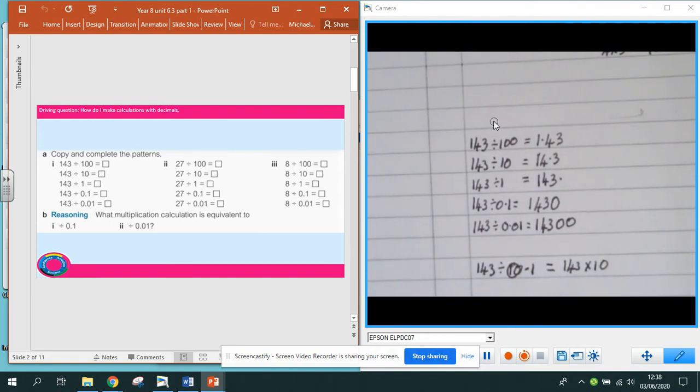So dividing by small powers of 10 is the same as multiplying by relatively larger powers of 10. In each case, we move the numbers the same amount of places, but we just move them in different directions.